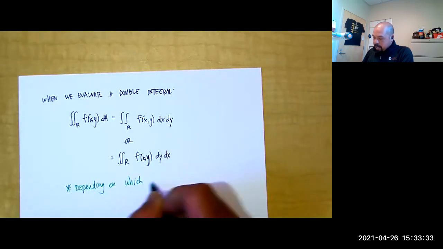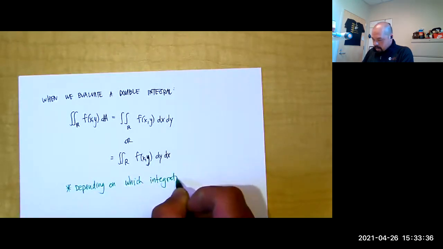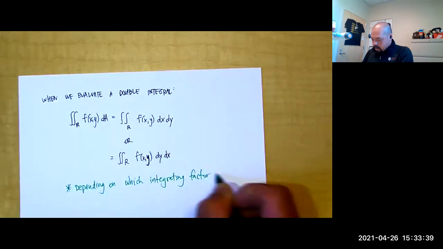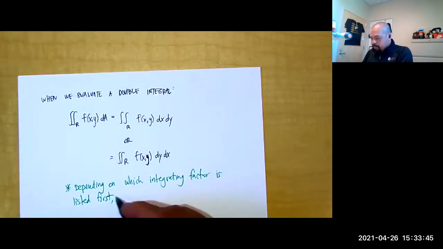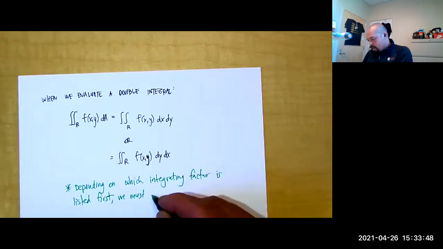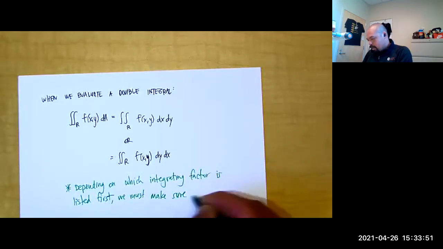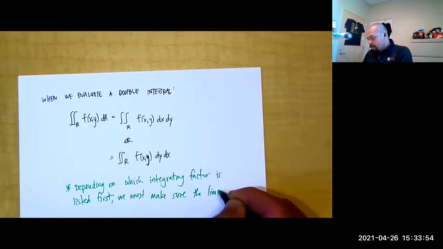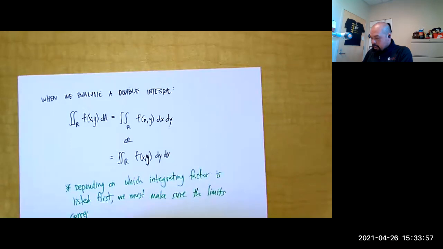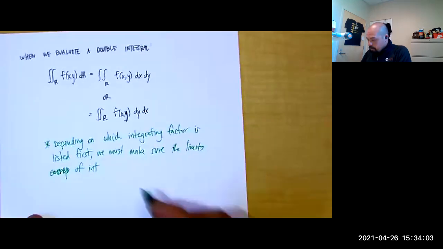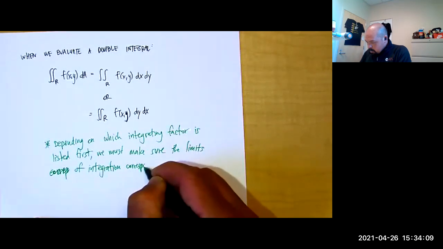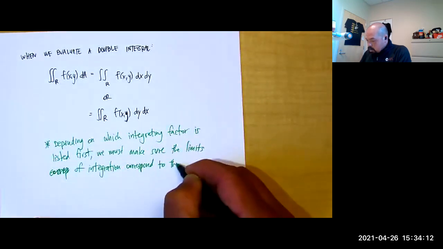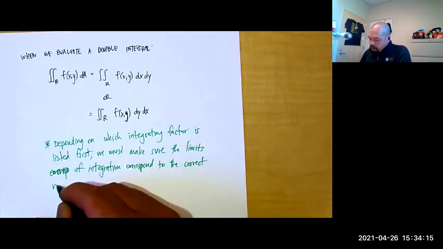So depending on which integrating factor is listed first, we must make sure the limits of integration correspond to the correct variable.